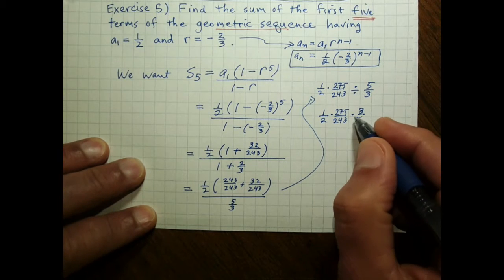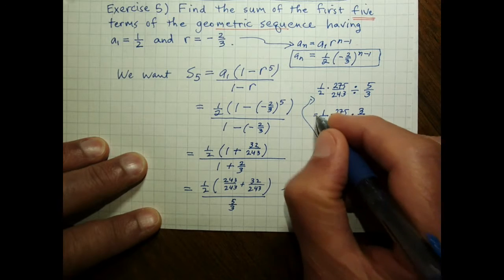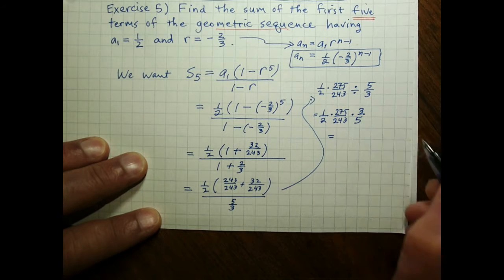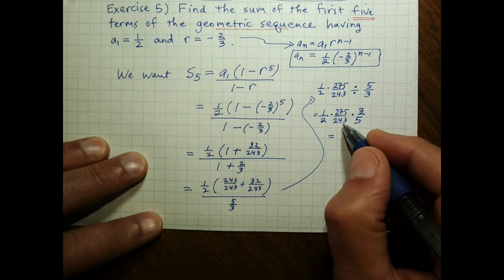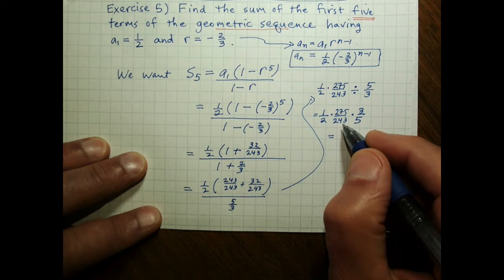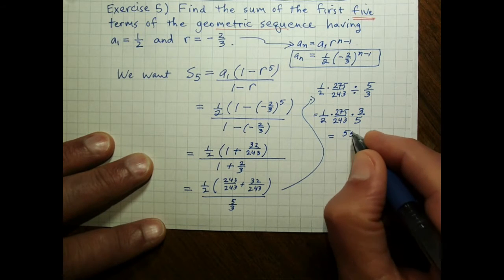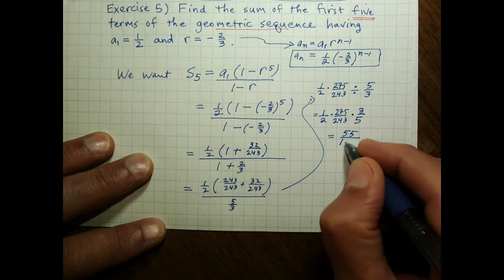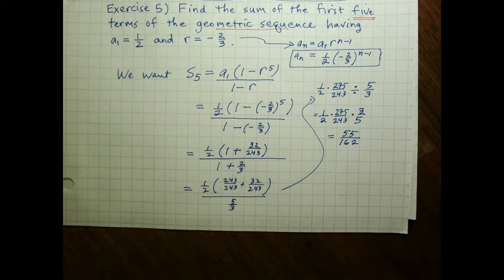And you can do a little bit of canceling here, because 5 goes into 275, 3 will go into 243, and so I think I end up with 55 over 162.